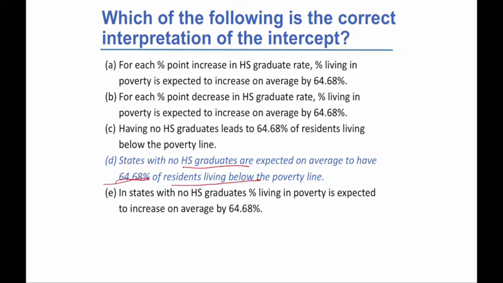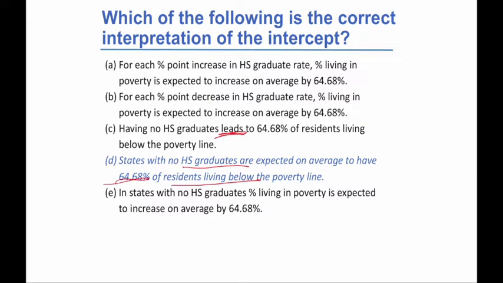In places where the explanatory variable is 0, the response variable is expected to be 64.68%. It is not C because that indicates causation. That having no high school graduates causes 64.68% of residents to live below the poverty line. We don't know that that's true.